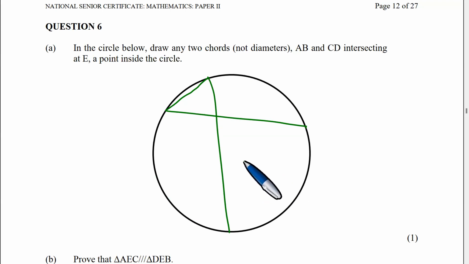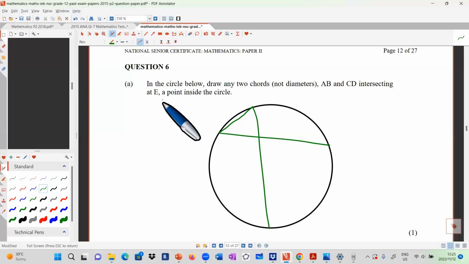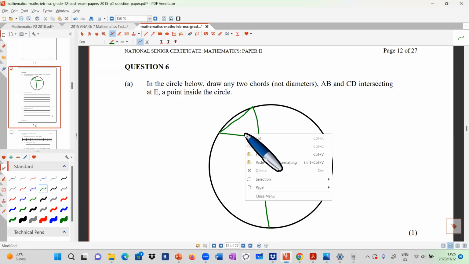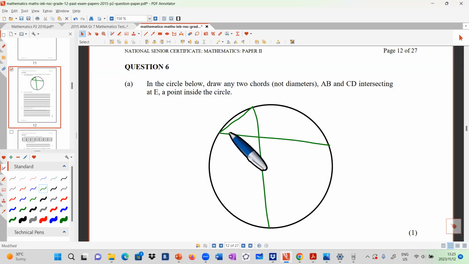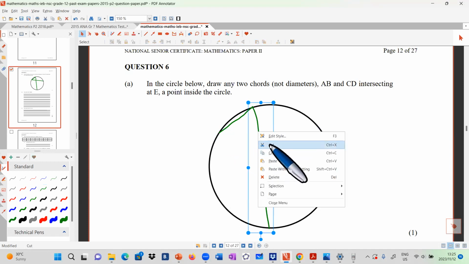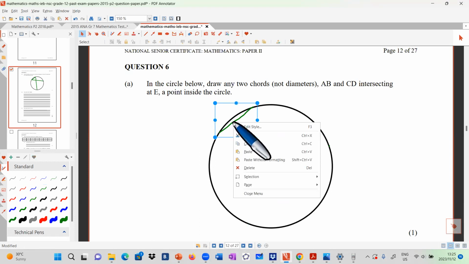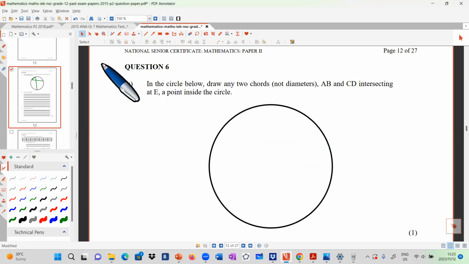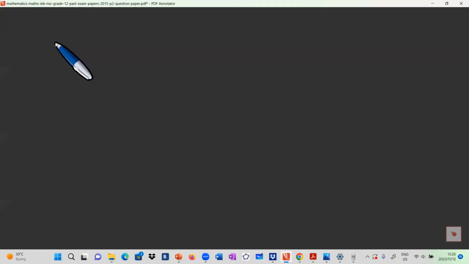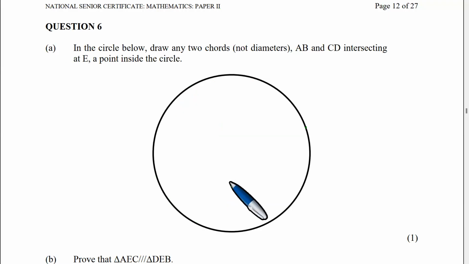I'm going to go back and go to full screen. Okay. In the diagram below, draw any two chords AB and CD. Let's just draw the chords first.